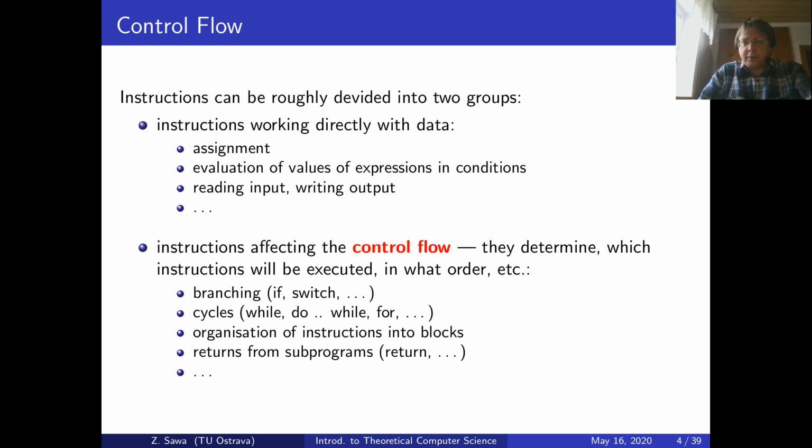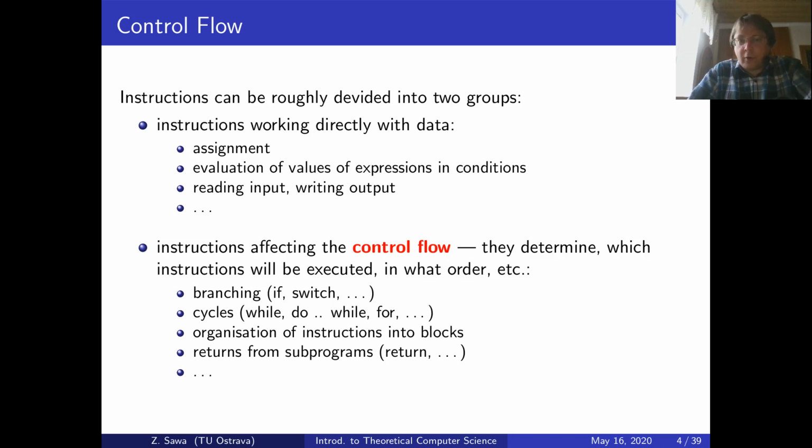But before going to this, we can realize that instructions in an algorithm, or in an imperative programming language, could typically be divided roughly into two kinds of instructions or operations.